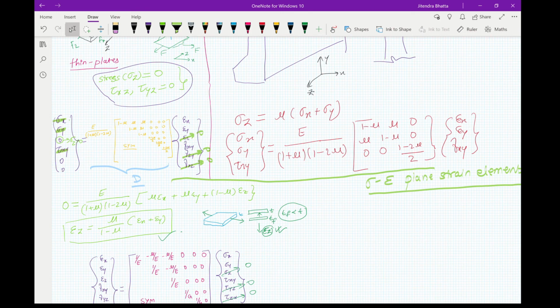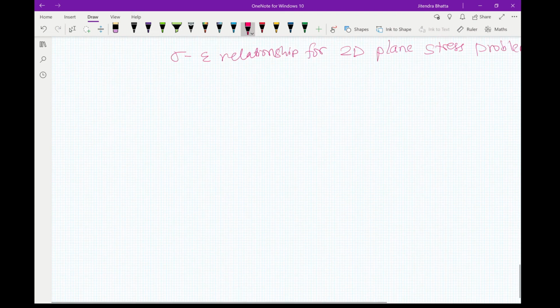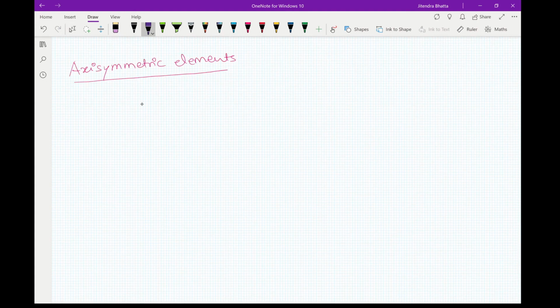in 2D elements. Sometimes you'll also come across some elements which are symmetric about certain axes. Such elements are known as axisymmetric elements. For example, we can have a cylinder like this which is symmetric about this axis.